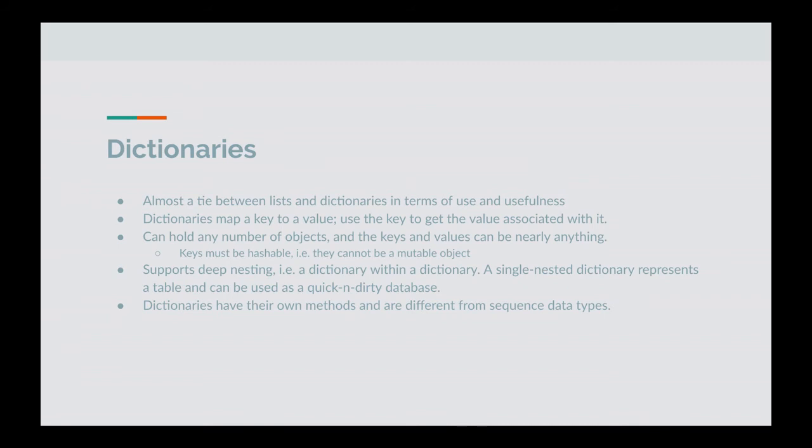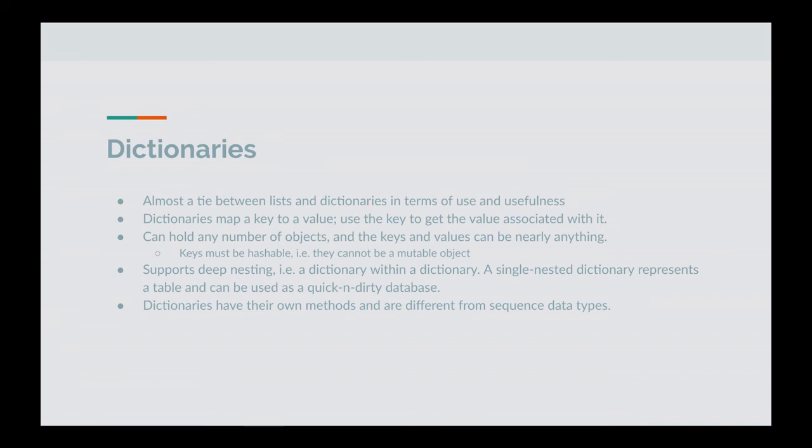It supports deep nesting, which means you can have a dictionary within a dictionary within a dictionary, so on and so forth. As you add new dictionaries to it, you change it from a single row to tabular data to a three-dimensional table, so length, width, and then also vertical height.